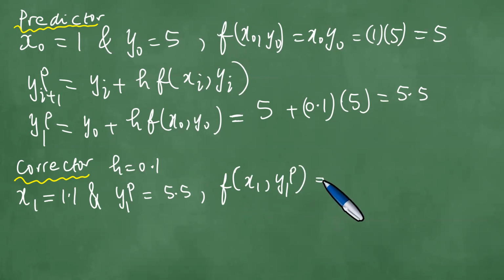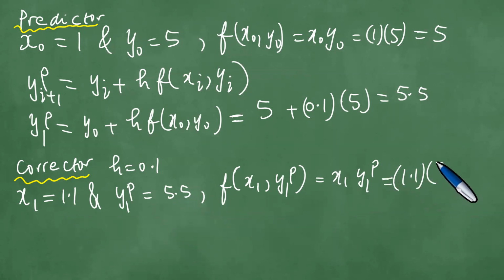According to this formula, f of x and y is the same as x1, y1 predictor, which is x1, 1.1, put this one here, and then y1 predictor is 5.5. We're just going to summarize this now in a table. If you do this, you're getting 6.05.